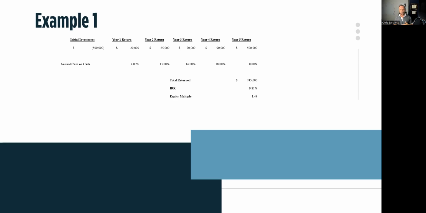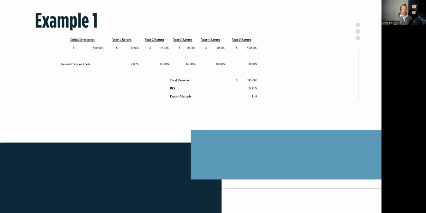Same thing in year 4, and in year 5, you get your money back, your original $500,000. That's not really a cash on cash return, it's just returning your capital to you. So the total amount that you got back over time was $745,000, which calculates to an IRR, internal rate of return, over that 5-year period of 9.8%.